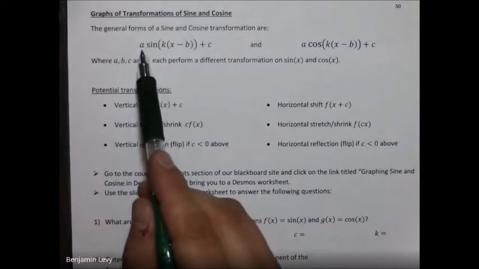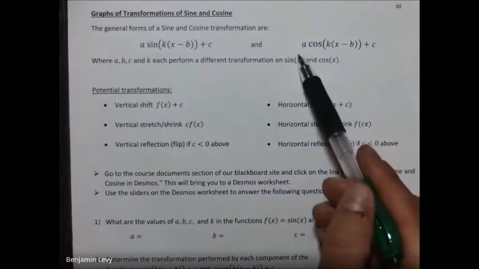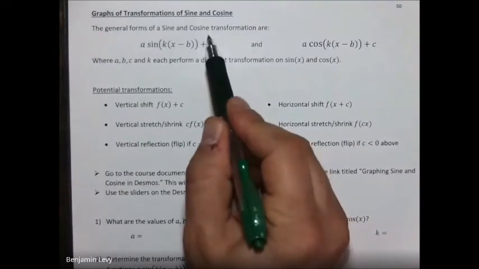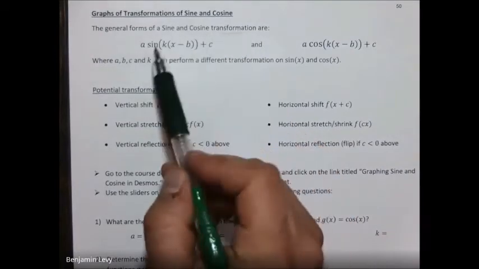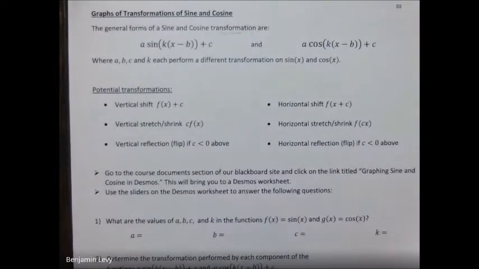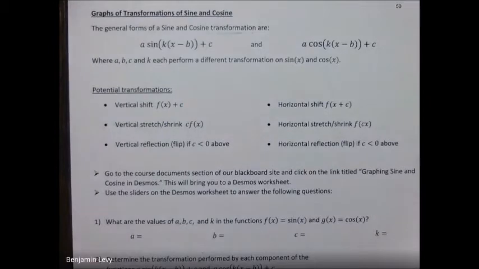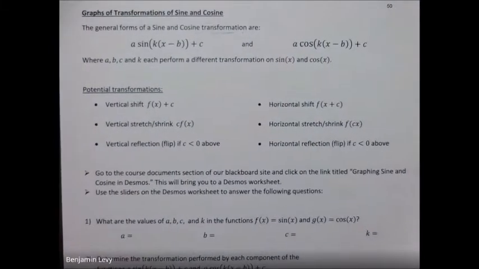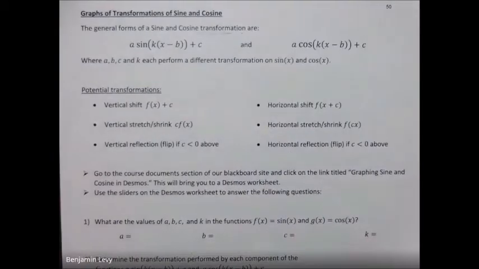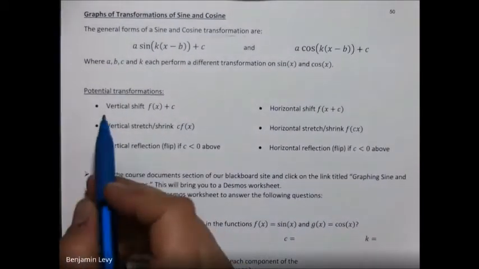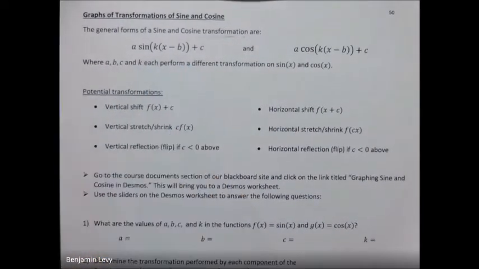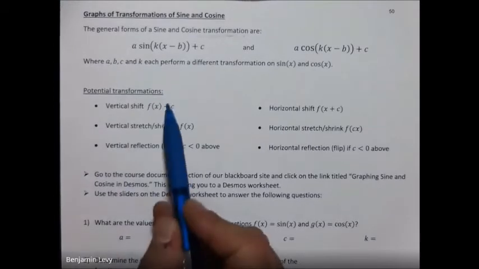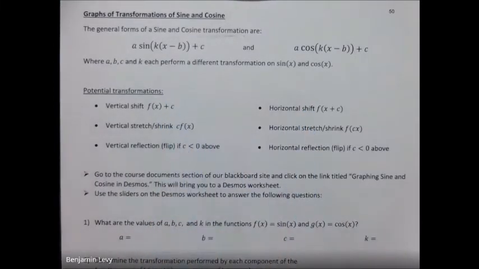So here's a sine function and a cosine function that have been transformed using the various transformations that we had seen in past sections. Before we dissect this sine and this cosine function, let's look at the potential transformations going on in those things. These 6 things right here we had talked about previously, right?